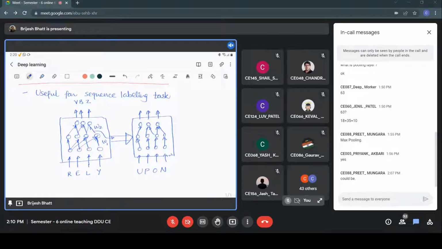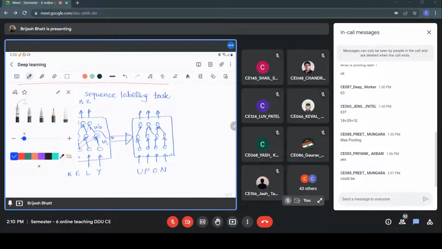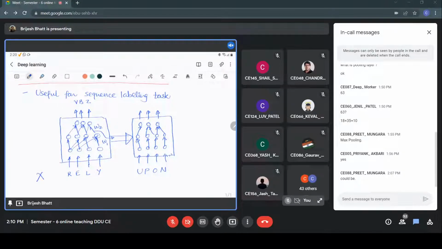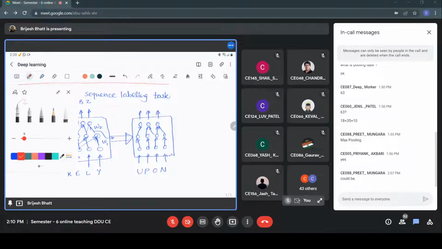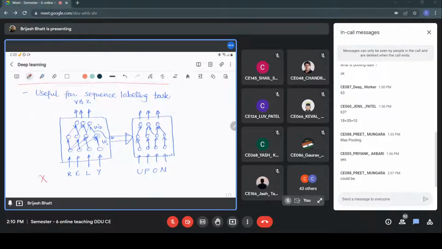Now let's start with nomenclature. Let's call this input X. This input X produces output Y, and the output Y goes here as output from the hidden layer to the next input.